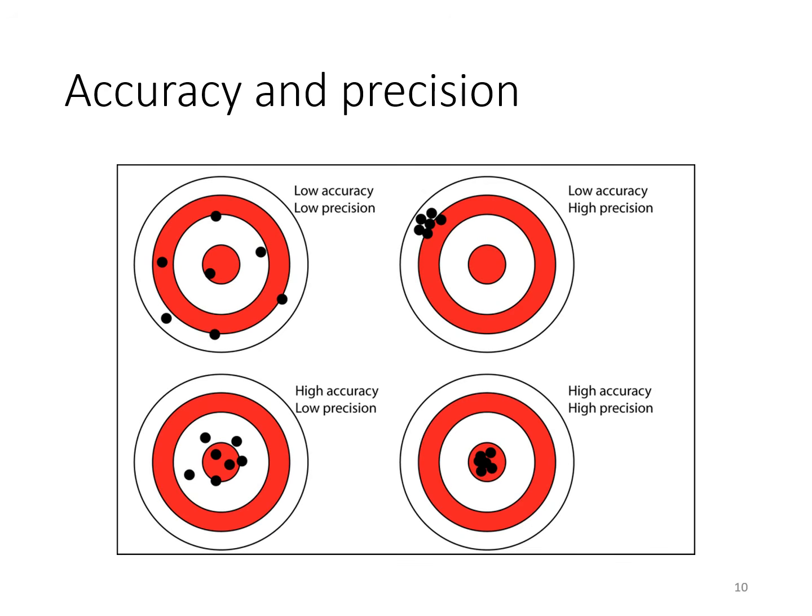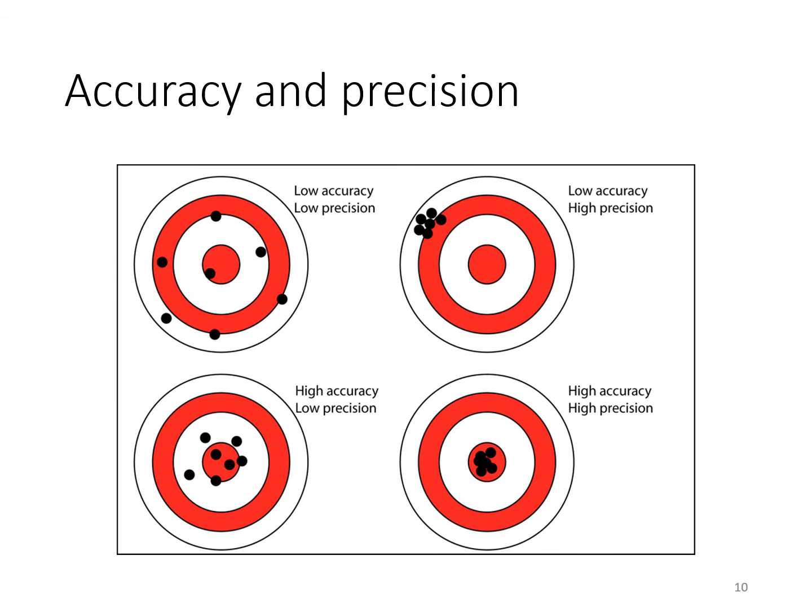When collecting data, we're concerned with both the accuracy and precision. We can illustrate both of those here with this set of figures. So in the top left-hand figure here, what we see is we have data that has a low accuracy and a low precision.